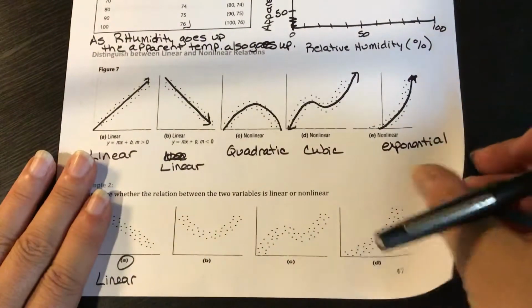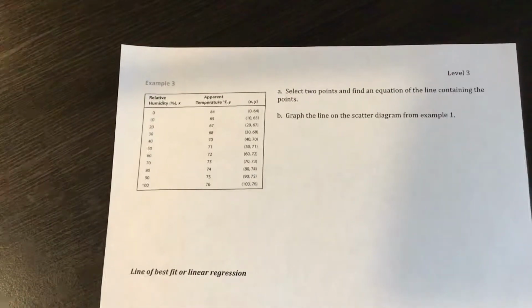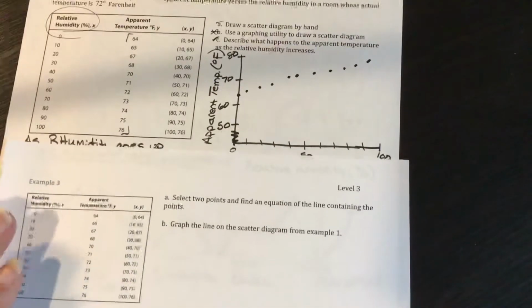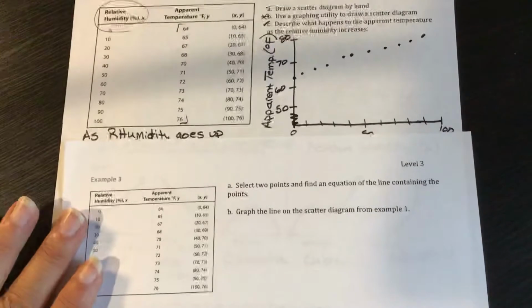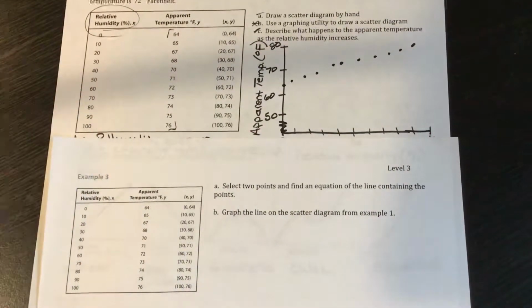All right, so if I look over onto the next page, we're going to take that information that we had, and I'm going to see if I can squeeze these two together here. And it asks us to select 2 points to find an equation of a line.